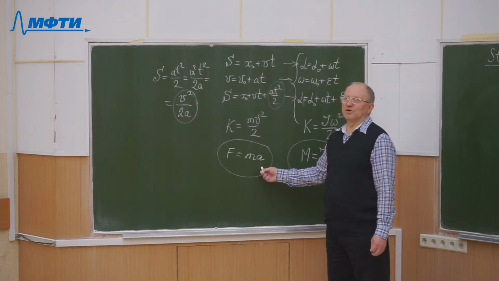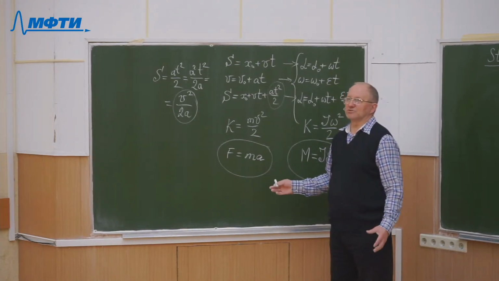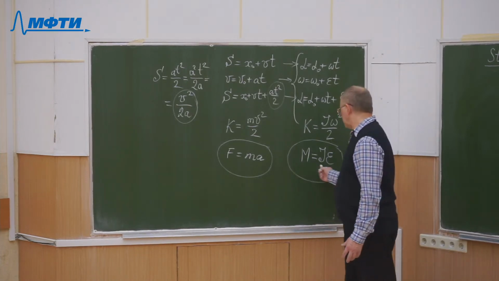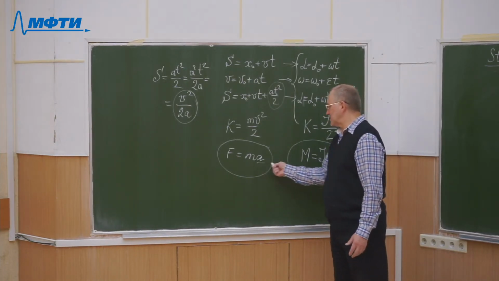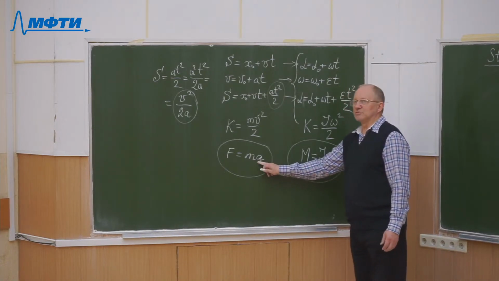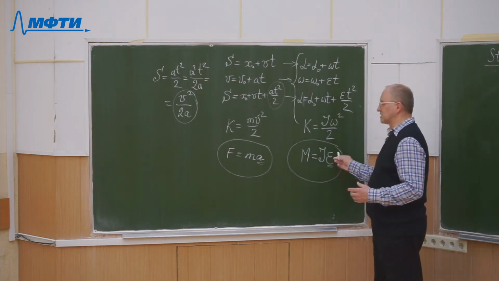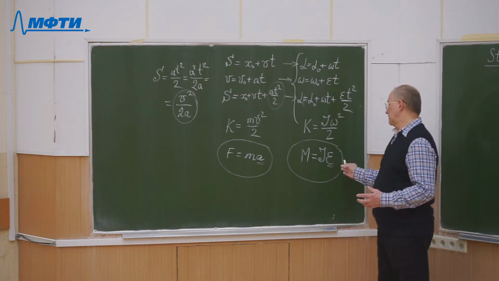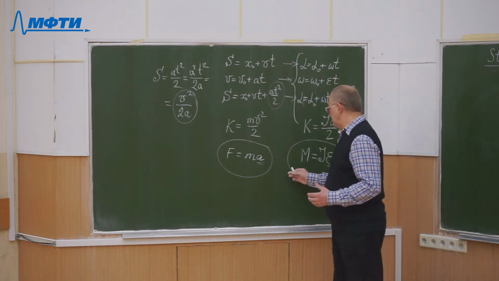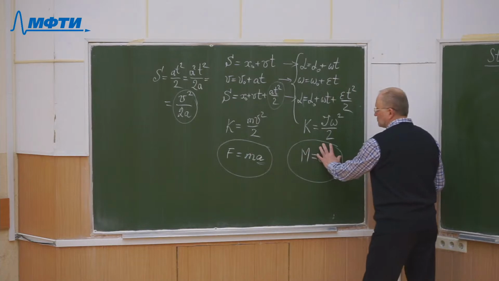Statics of a rigid body means that there is no motion. The body is at rest. The velocity is zero and the acceleration is zero. Acceleration of the center of mass must be zero if the rigid body is at rest. And also the angular acceleration is zero. So in the case of statics, this is zero and this is also zero.